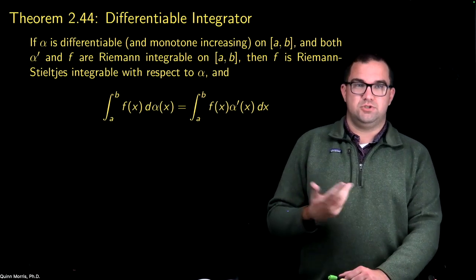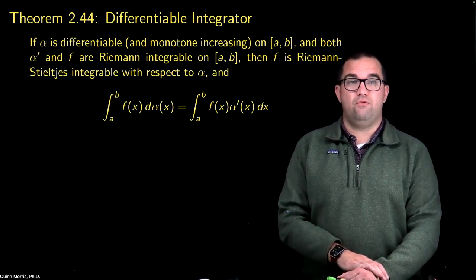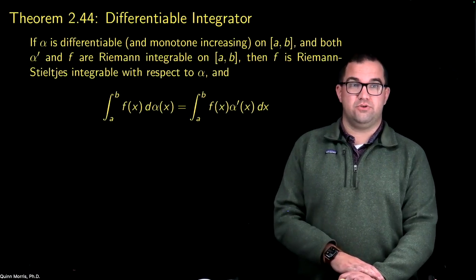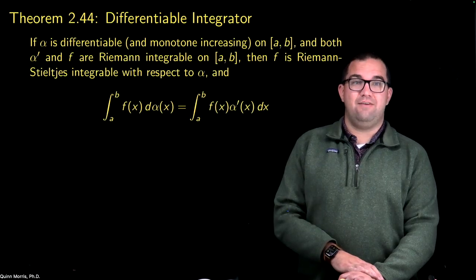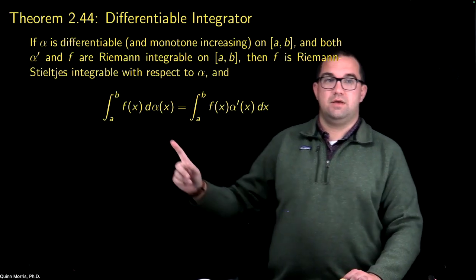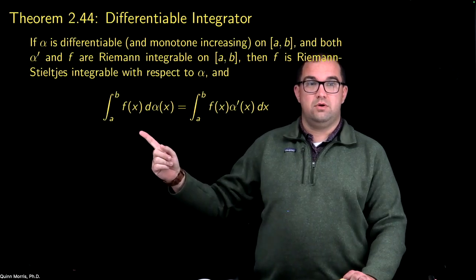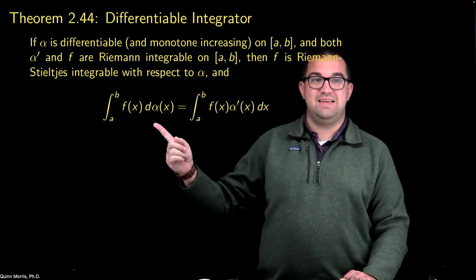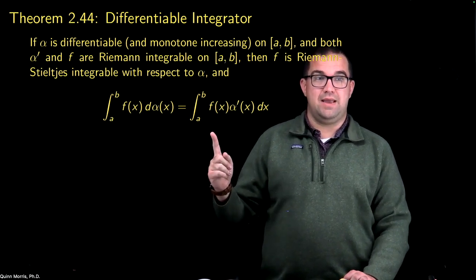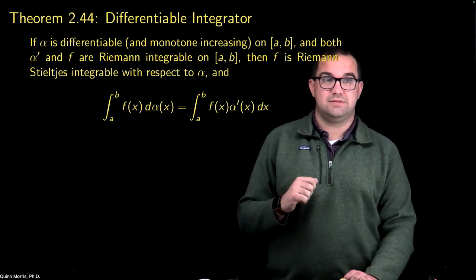So if alpha is differentiable and monotone increasing on [a,b], and both alpha prime and f are Riemann integrable on the closed interval [a,b], then f is Riemann-Stieltjes integrable with respect to alpha, and this is the most important part, we get here that the Riemann-Stieltjes integral over the interval [a,b] of f d alpha is equal to the Riemann integral from a to b of f of x times alpha prime of x dx.